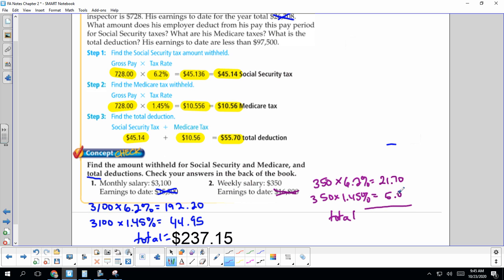We round that up to $5.08. Then we add it all together. I'm not even going to get the calculator for that because I can do this math. $26.78 comes out of our weekly paycheck just for Social Security and Medicare.